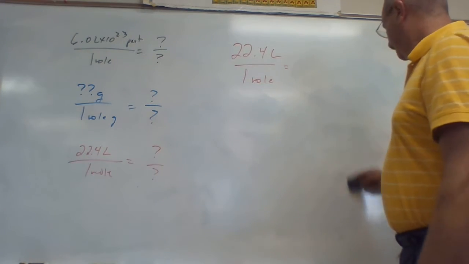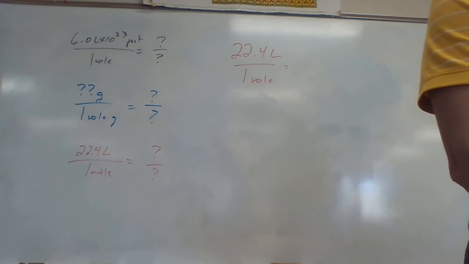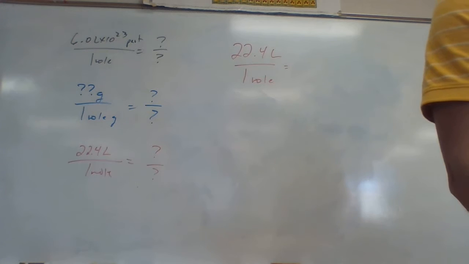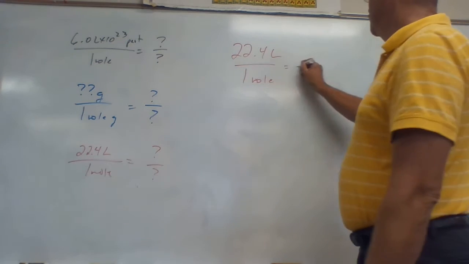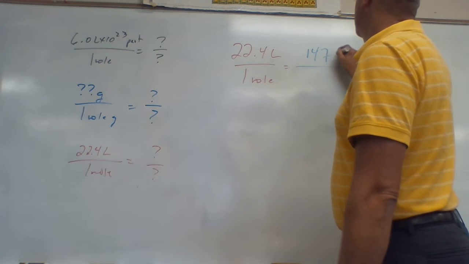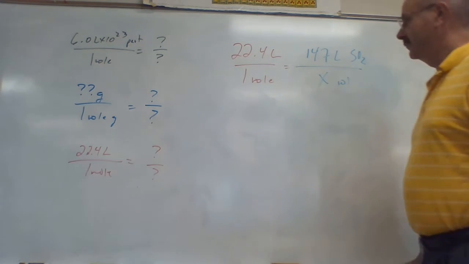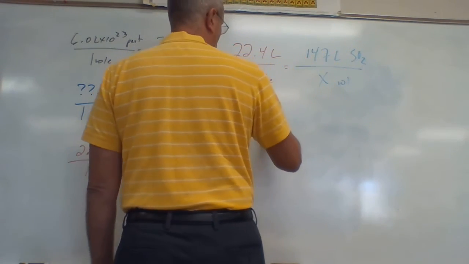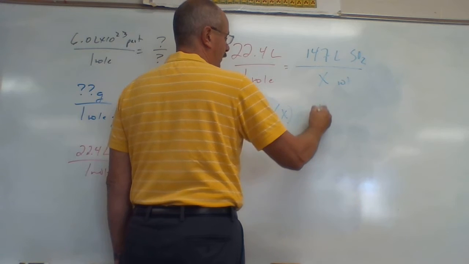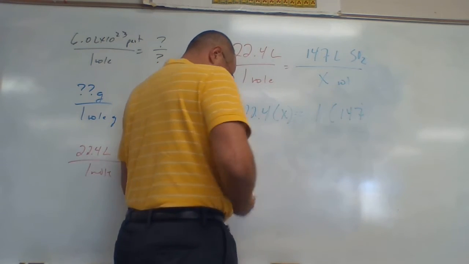In the second one, now they're going to give us liters, and they want us to find moles. So the first one, they gave us 147 liters of SO2. We're going to find X moles of that. So we're going to cross multiply: 22.4 times X equals 1 times 147.